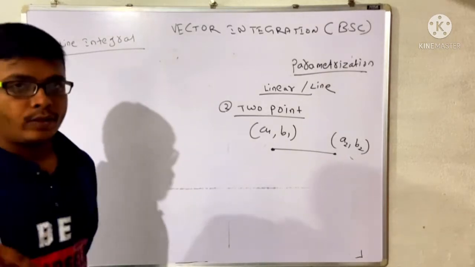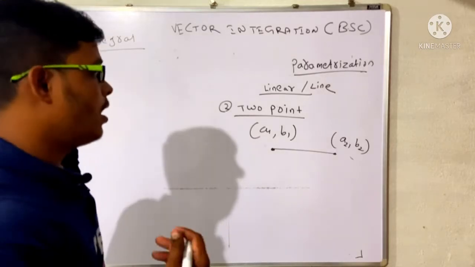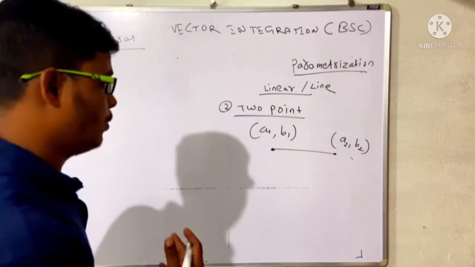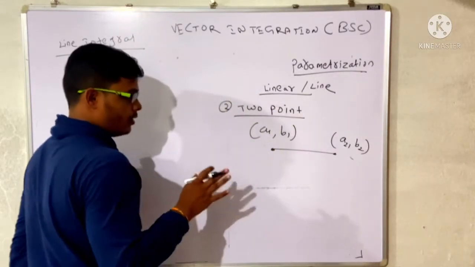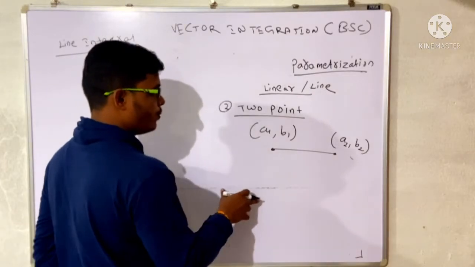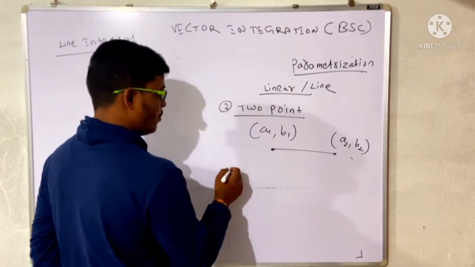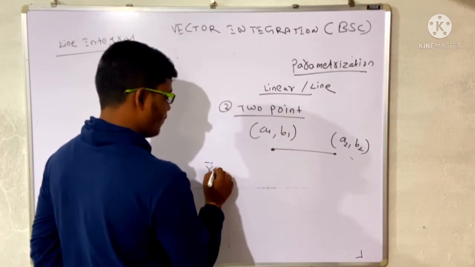You can use y equals mx plus c and take x equal to t, then y will be mt plus c. But another thing, this is actually easier: the 2 point parameterization.